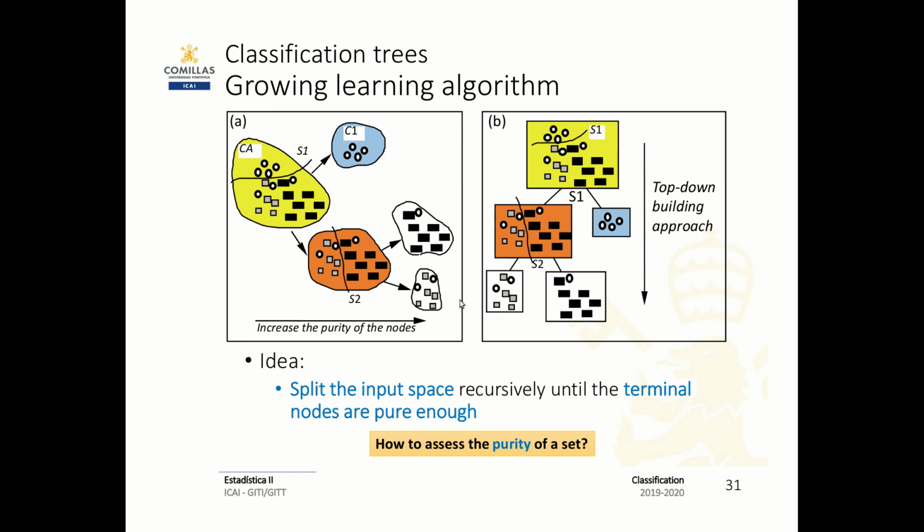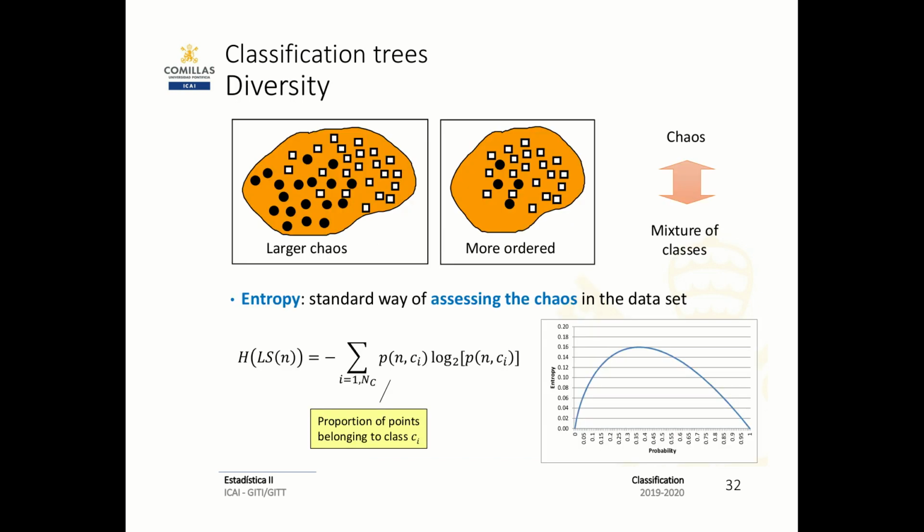This one is completely pure, and this is almost pure because there is only one sample that doesn't fit the other. So we have to decide when a node is pure enough that we don't want to keep on subdividing it.